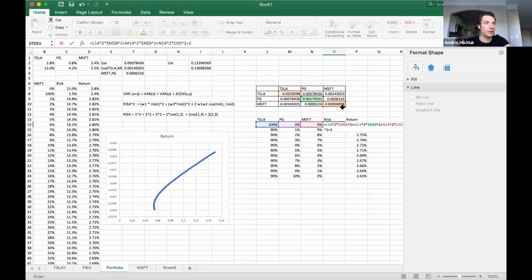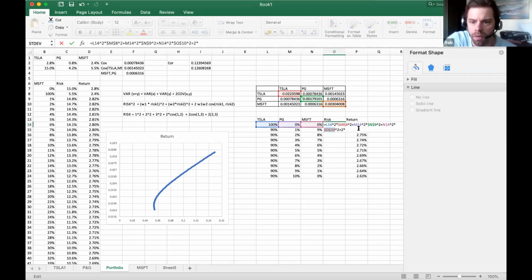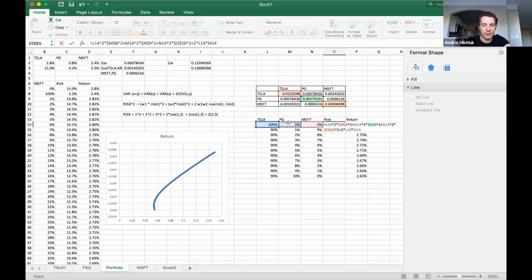Now 2. Don't forget to lock the Microsoft cell reference. Yeah, I just did that. Thanks. So 2 times Tesla weight times Procter & Gamble weight times Tesla Procter & Gamble covariance right here, and 2 more. 2 times Tesla weight times Microsoft weight times Tesla Microsoft covariance.